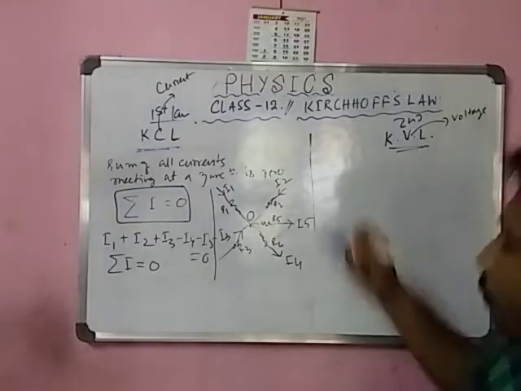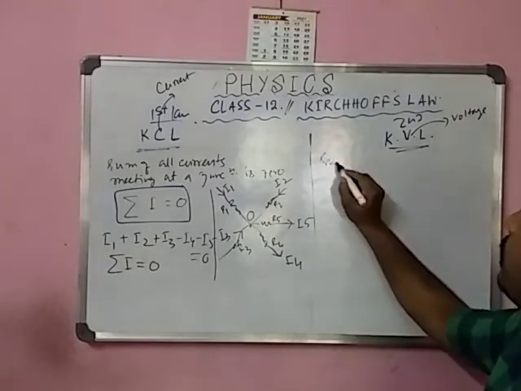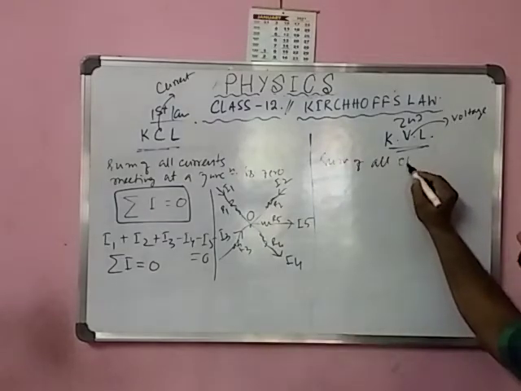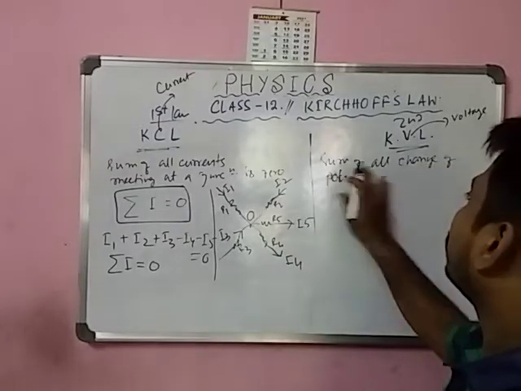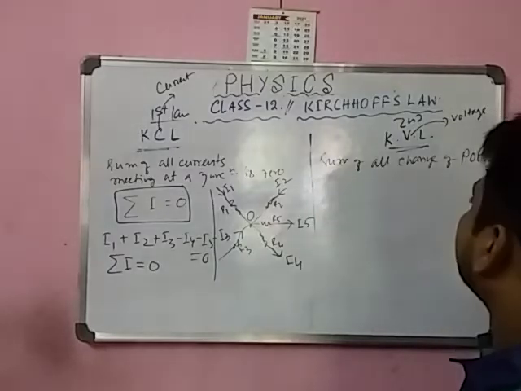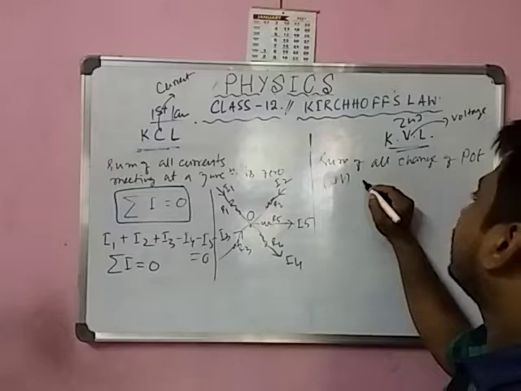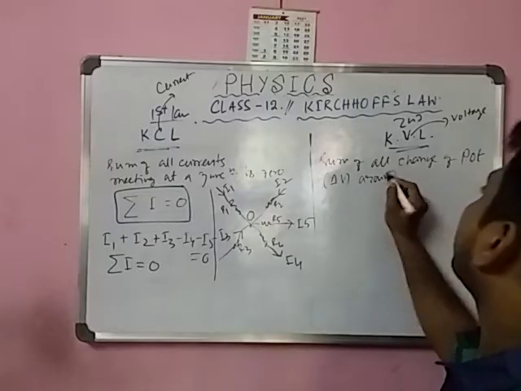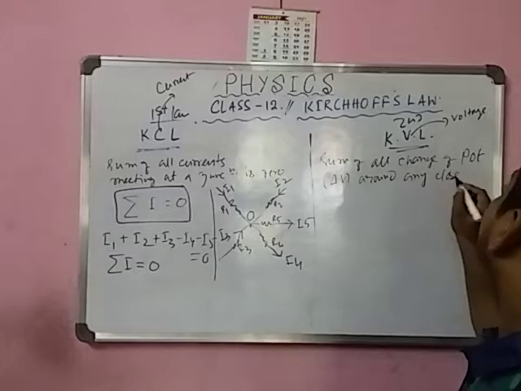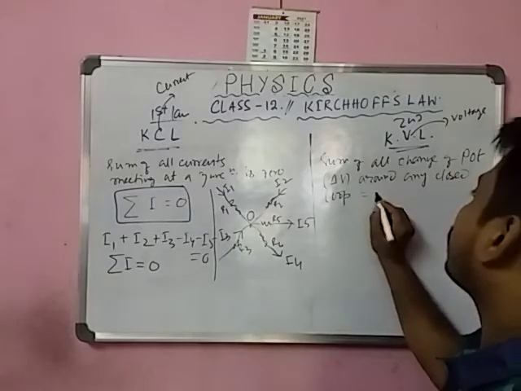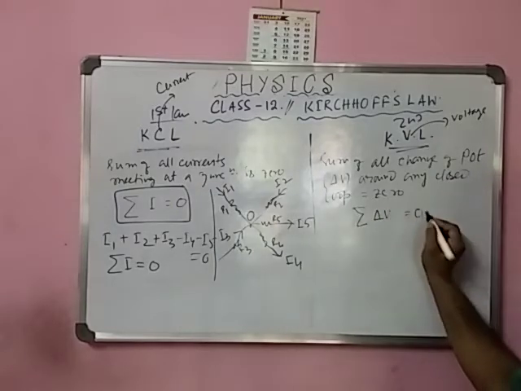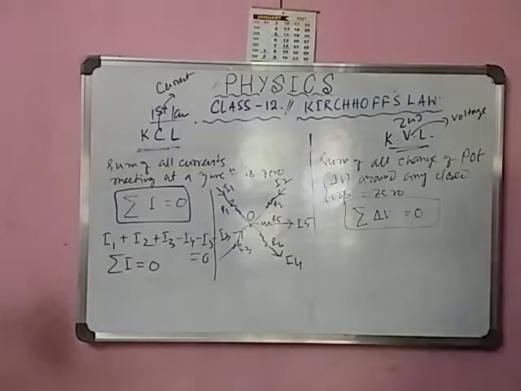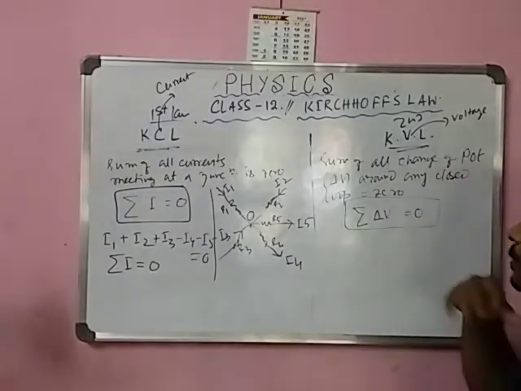So you can write: the sum of all changes of potential, meaning delta V, around any closed loop is equal to 0. It means summation of delta V is equal to 0. This is Kirchhoff's voltage law, and that is Kirchhoff's current law.